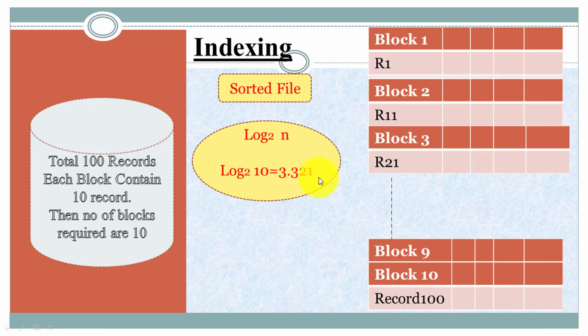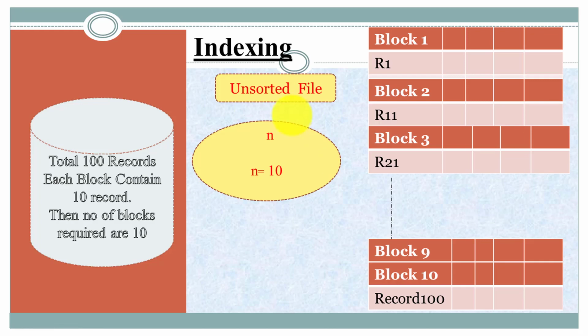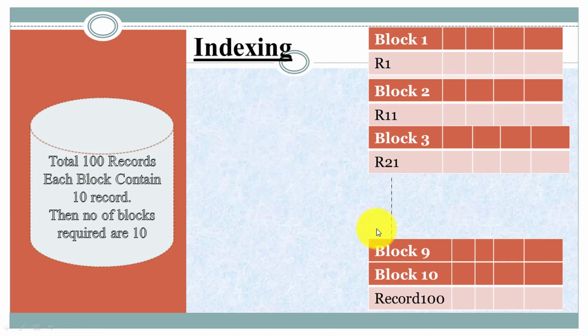If the file is unsorted, that is, records are stored randomly, then in the worst case the system needs n, that is 10 blocks, so the system has to access all 10 blocks. So if the main file is sorted, you have to access 3 blocks in the worst case, and if it is unsorted, the system has to access all 10 blocks.